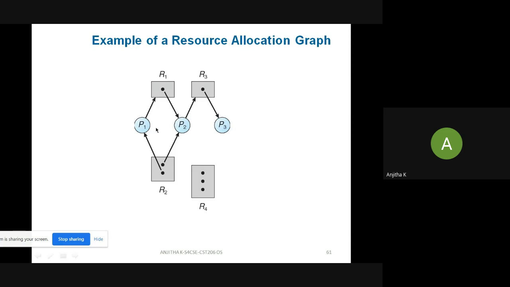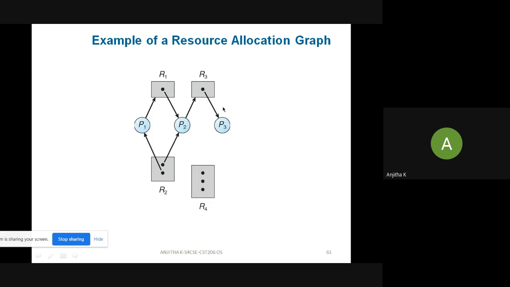This is the example for a resource allocation graph. See, there are three processes. There are four resources: one instance of R1, two instances of R2, one instance of R3, and three instances of R4. So edges consist of request edges and assignment edges. Okay, this is the request edge, P1 requesting R1. This is the assignment, R1 held by P2. This is P2 requesting R3.